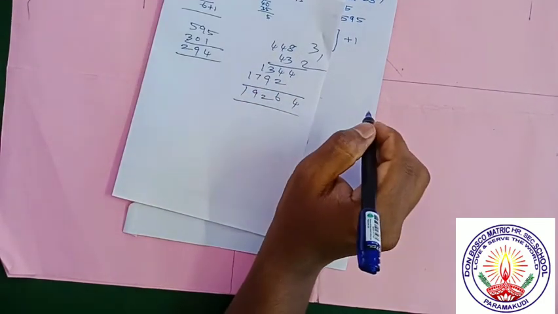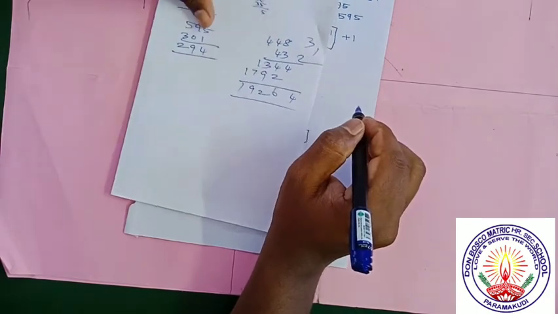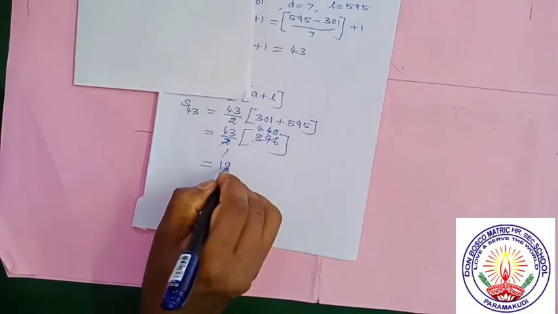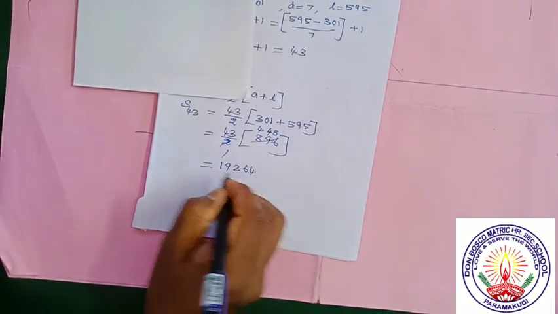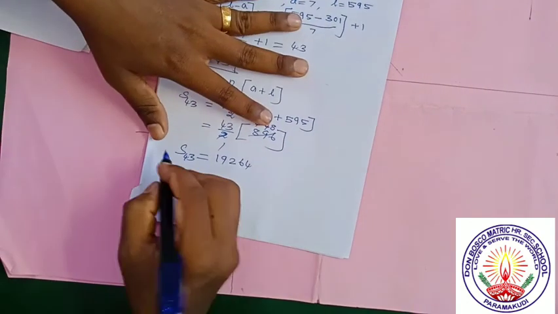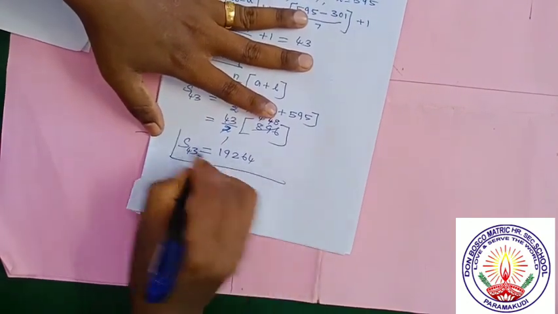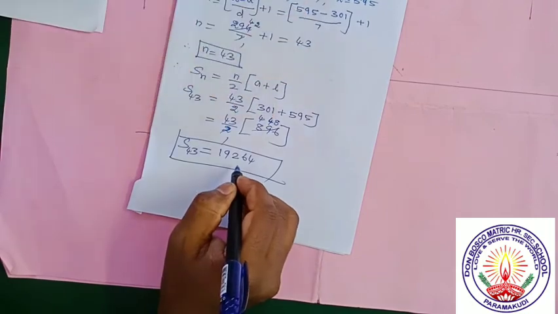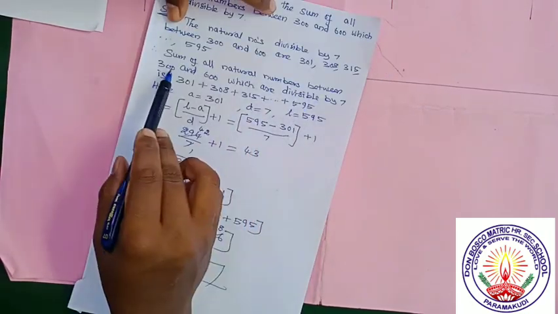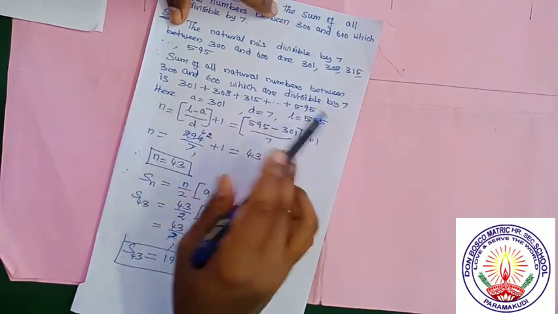The answer is 19,264. What is this? S43. Therefore, the final answer, S43 is equal to 19,264. This is the sum of the natural numbers between 300 and 600 which are divisible by 7.